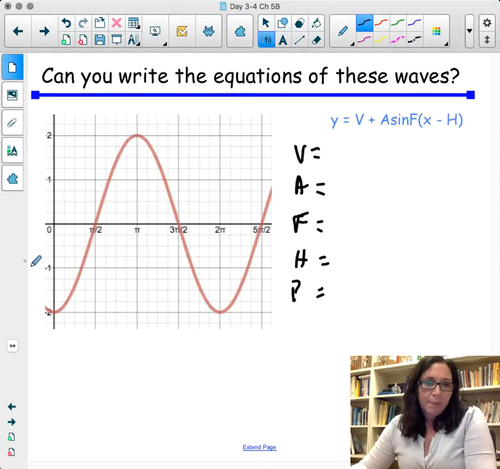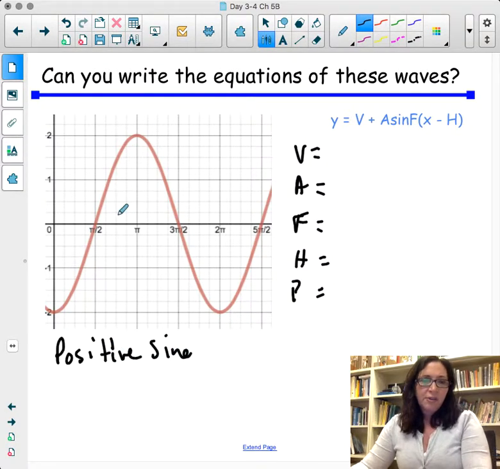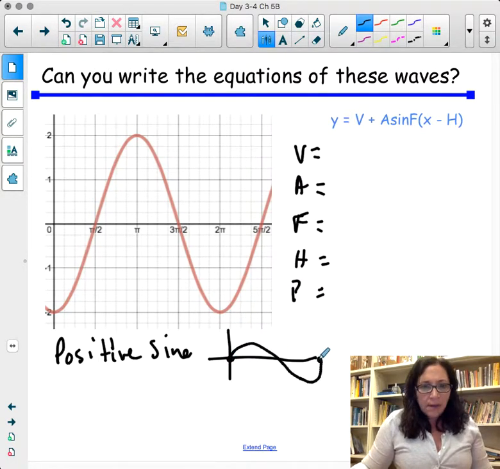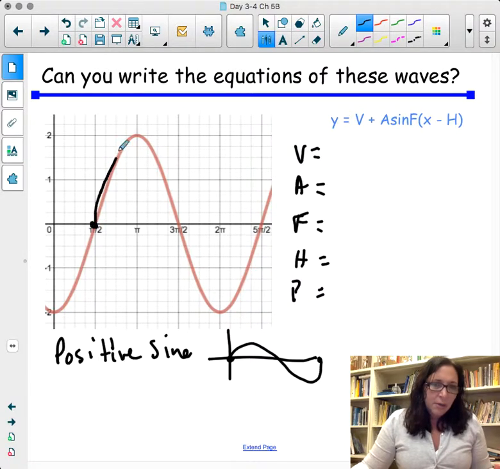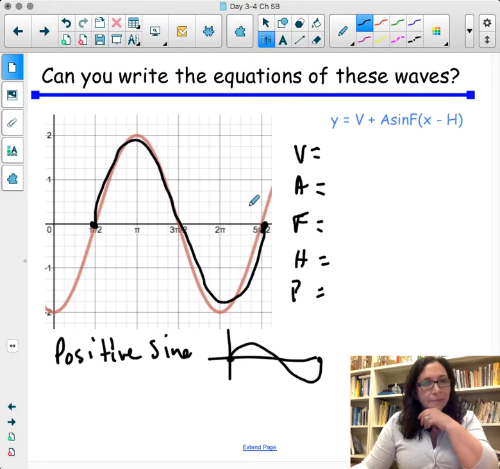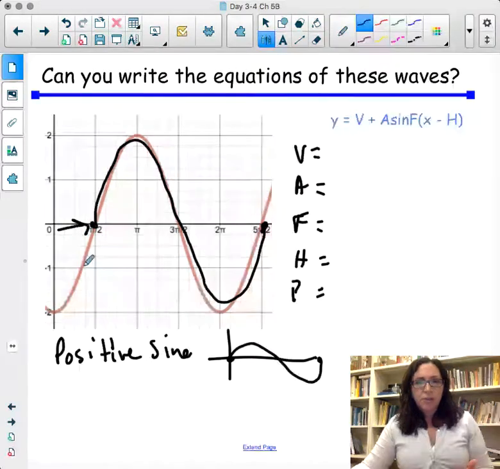So for example, if I want this to be a positive sine wave, you're going to look at this and ask, what are my characteristics of sine? Remember sine starts at 0, ends at 0, right? Well, which one of these starts at 0? This one. It starts at 0, goes up, down, ends at 0. That's a sine wave. Well, I could do that. And that would be totally fine if I shifted to the right pi over 2.